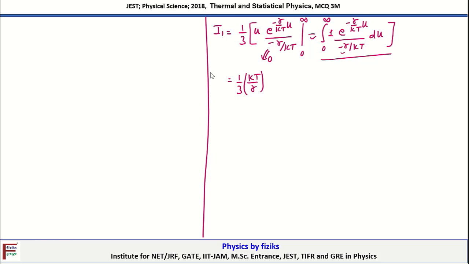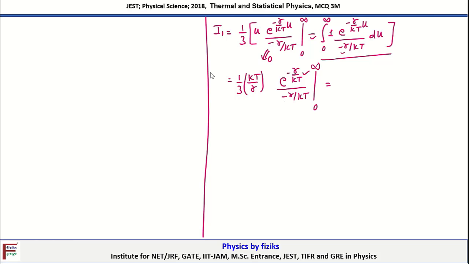Okay, so this will be equal to exponential minus gamma upon kT u, divided by minus gamma upon kT, from 0 to infinity. When the limit goes to infinity this will become 0, but when it goes to 0 this will give unity, with a negative sign, so negative and negative will become plus.